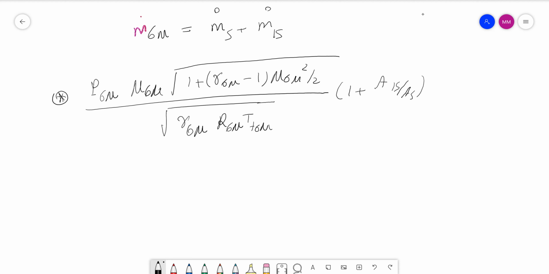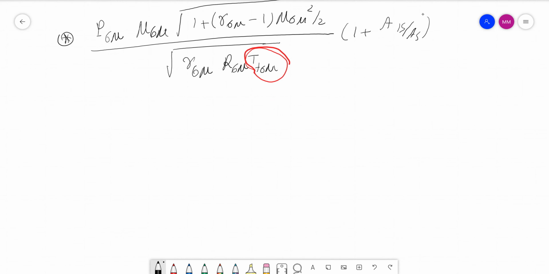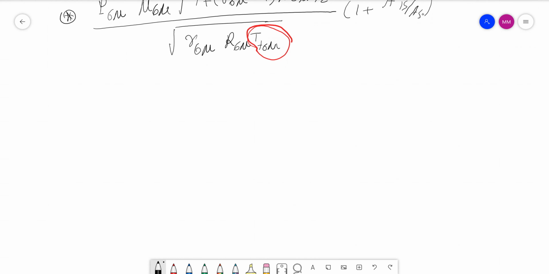We have already normalized for areas. You may want to ask, what is going to happen to this term, right? Because this was one of the things that we were looking for. And if you recall from the conservation of energy, we were able to find this already. So this is not an unknown here. This is already a known parameter.